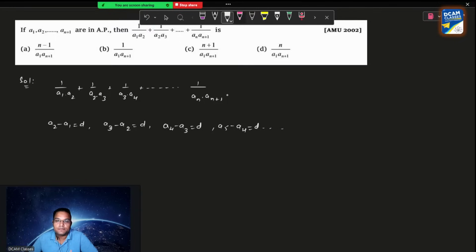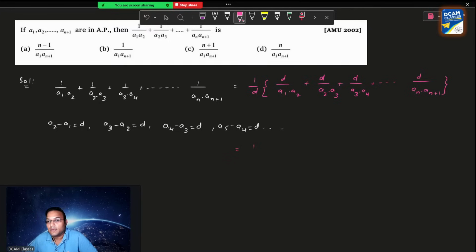Now I can multiply and divide by the common difference d. So it will become d by a1 a2 plus d by a3 a4 plus and so on, d by an an plus 1.